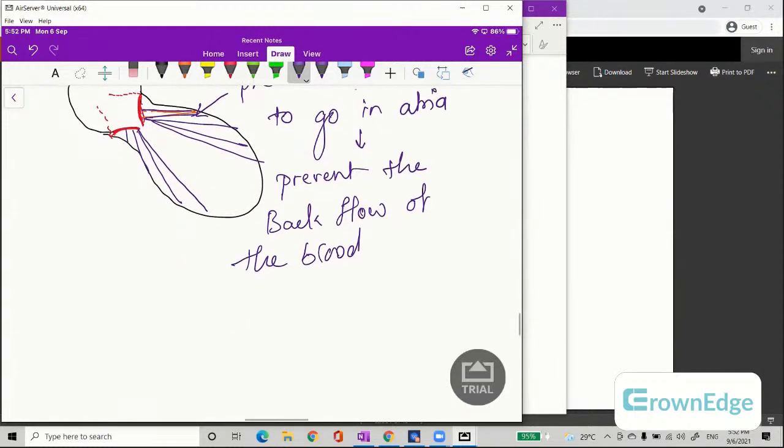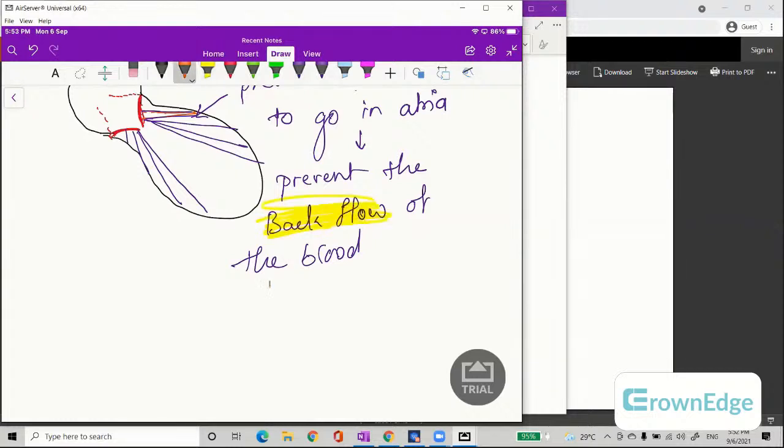And that backflow of the blood is known as, anyone can tell me, what is the fancy name for the backflow of the blood? This is known as regurgitation.